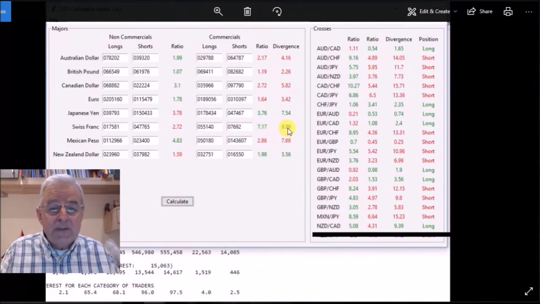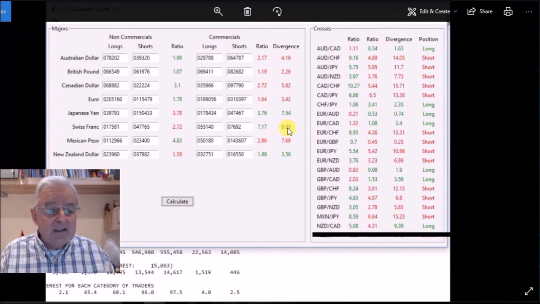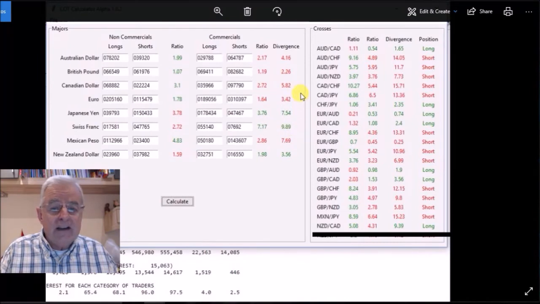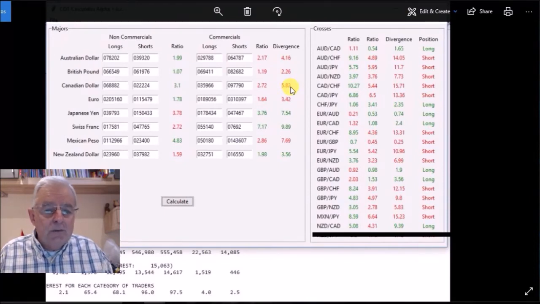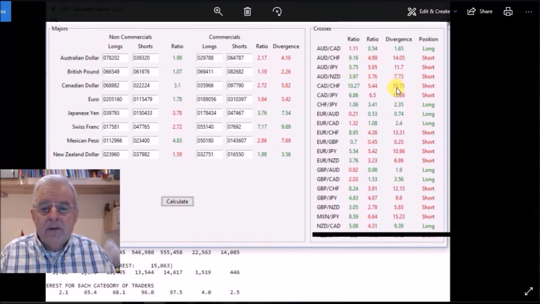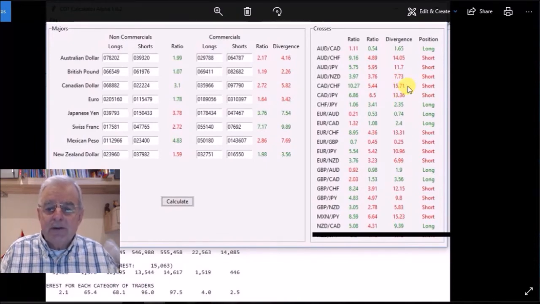And if you put that against a currency that is basically short, like the Canadian dollar, that has got a short divergence at 8.82, that gives you, let me just see, Swiss franc, Canadian dollar, a short divergence of 15.71. So that's an extreme divergence.